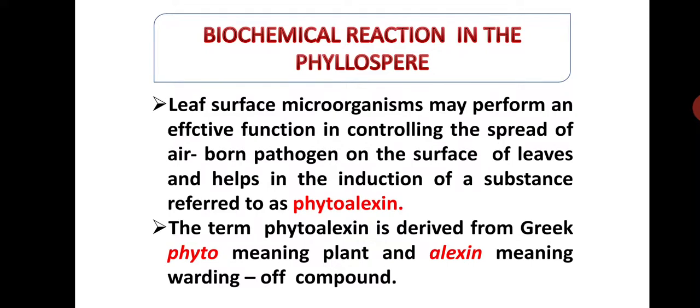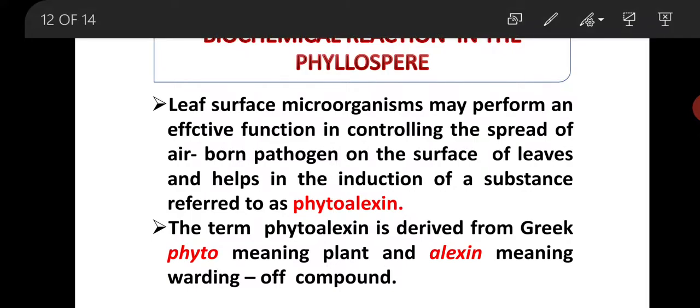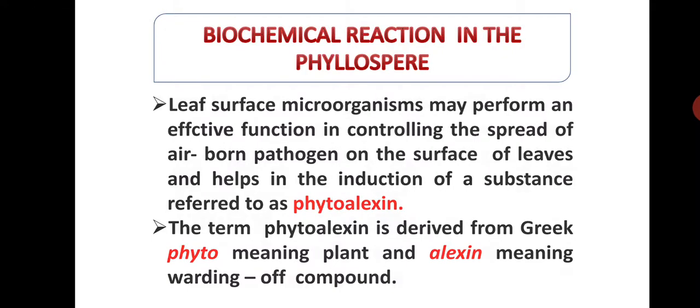There is a mechanism by which these microbes act against airborne pathogens, and they basically secrete a particular substance. I cannot say hormone; it is a biochemical substance, phytoalexin. Phytoalexin is derived from two words: phyto means plant and alexin means warding off, moving away, right? So you need to remember the name phytoalexin, which is secreted by microorganisms to act against airborne pathogens. All right, jumping on to the next one.